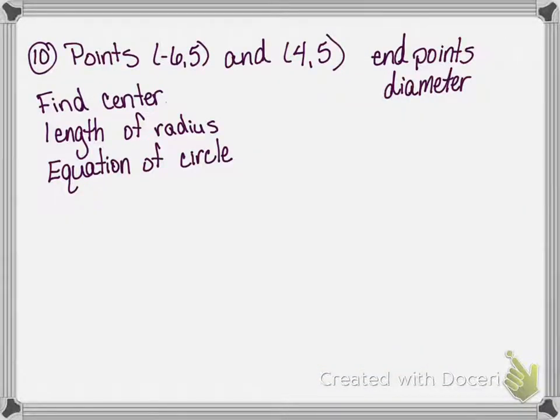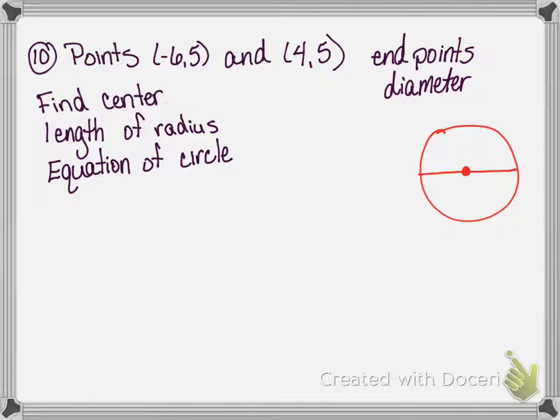Okay, so what I have here is the points of the diameter. This is the endpoints of a diameter. So if I draw a circle, and I know my circles aren't great, here's the diameter, so here's my center right here.